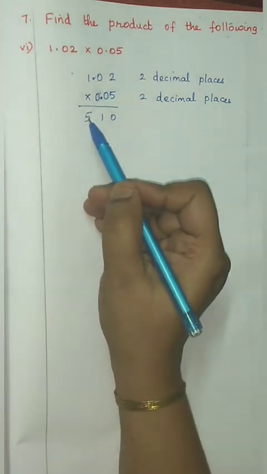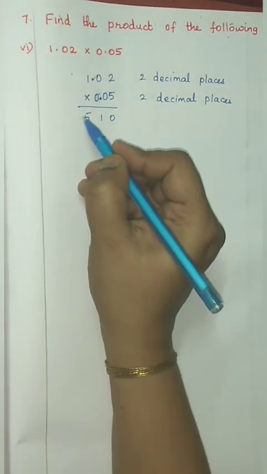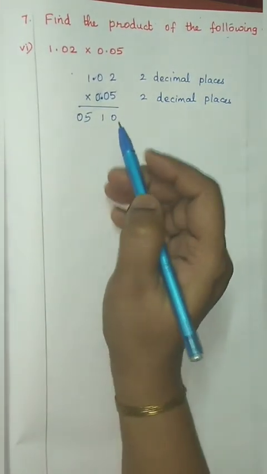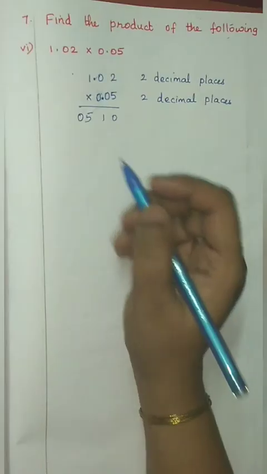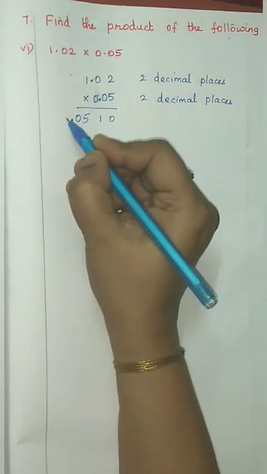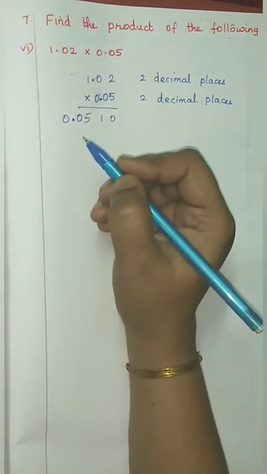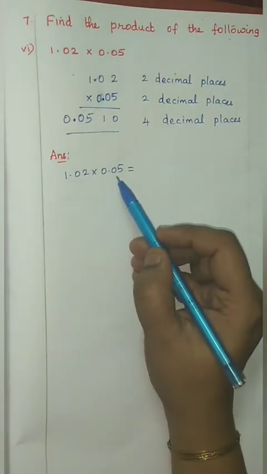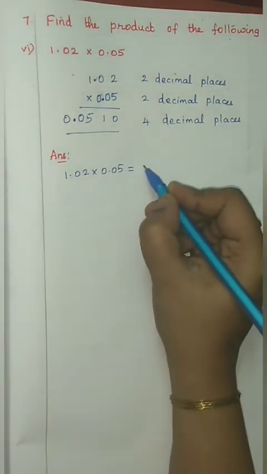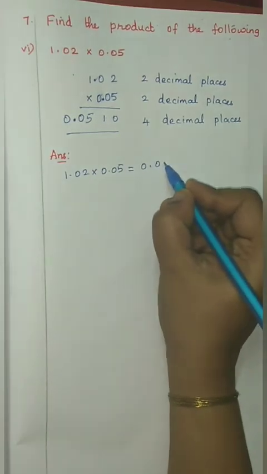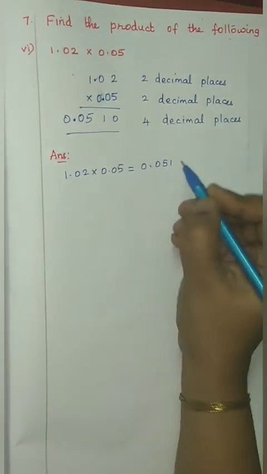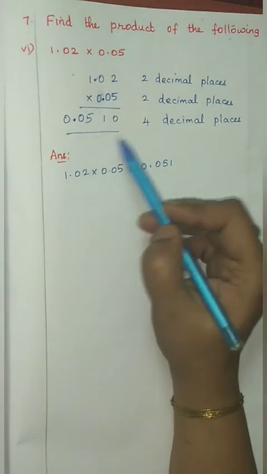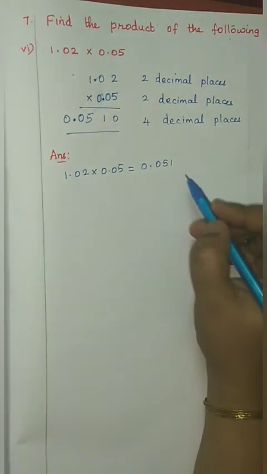Put 0 in front of 5. So the value remains the same. And keep the decimal point. Answer: 1.02 into 0.05 is equal to 0.0510. You can ignore the 0 that comes at last in the decimal part. Even if you write 0, that is not wrong.